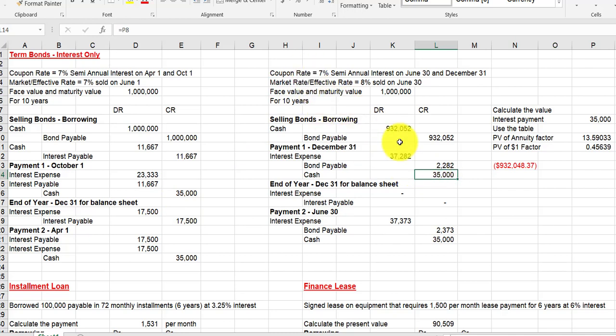That's what determines the cash paid, the coupon rate. The difference goes to bonds payable. If it's a credit to make the debits equal the credits, then we credit bond payable and make it go up, which is what happened here. If it had been the other way and interest expense had been less than the cash, then we would have debited bond payable.